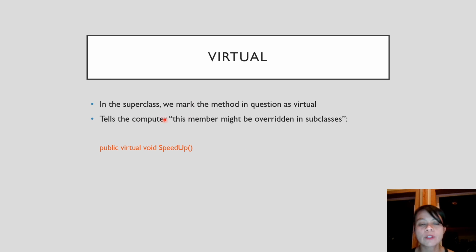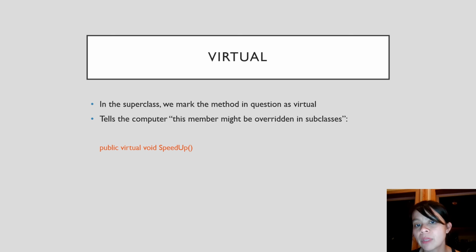So in the superclass, we mark the method in question as virtual. It tells the computer that this member might be overridden in subclasses. So speed up might be overridden in subclasses, so we put virtual in there to let the computer know.